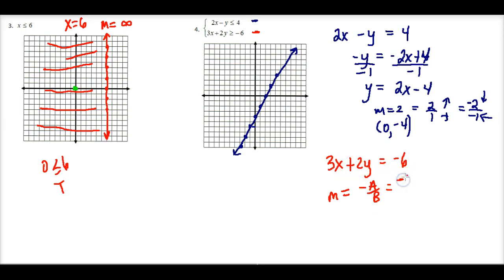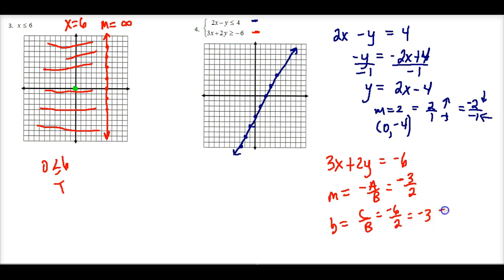So this will be a minus 3 divided by 2 for the slope. And then our y-intercept would be c divided by b, which would be -6 divided by 2, which will give us a -3.